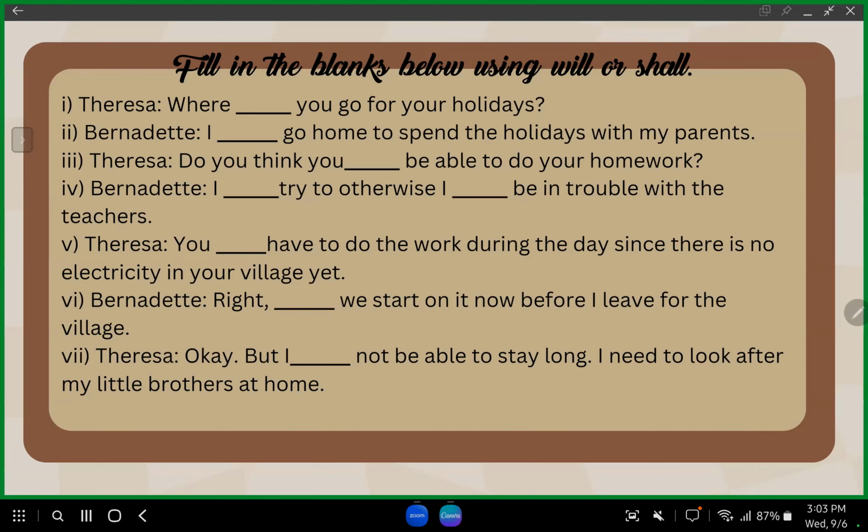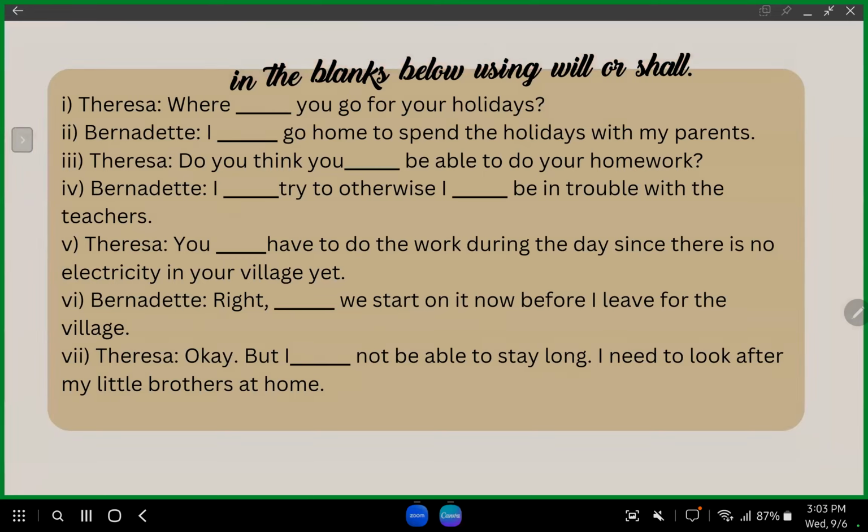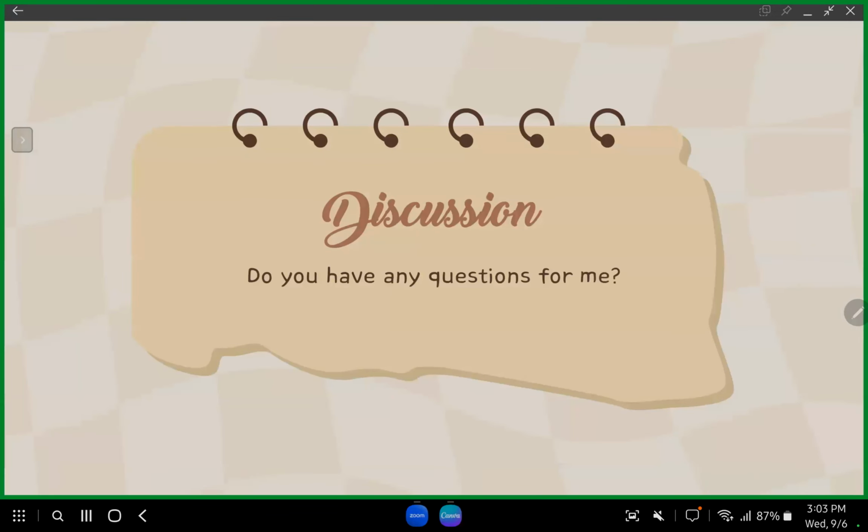Thank you so much for the wonderful presentation. This is basically the end of our discussion today. So before we log out, is there anybody who has a question about this topic in general? Before you go back to school, is there anything that you'd want me to talk about? Or is there anything that's giving you trouble?